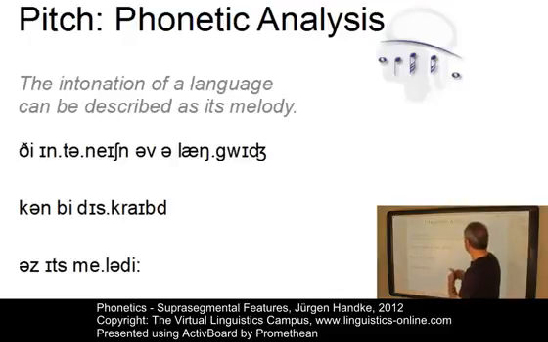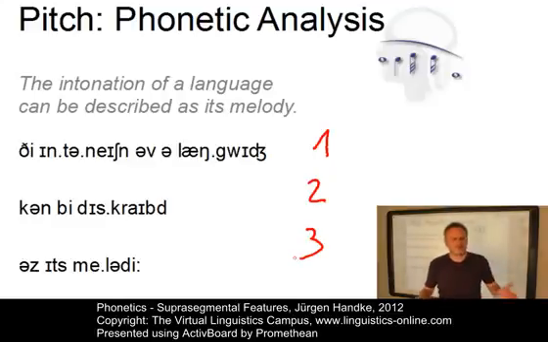The intonation of a language can be described as its melody. And you will perhaps agree that this stretch of speech is organized into 3 tone groups. The intonation of a language can be described as its melody. The boundaries between these tone groups are referred to as terminal junctures.